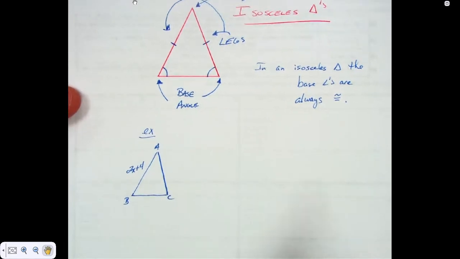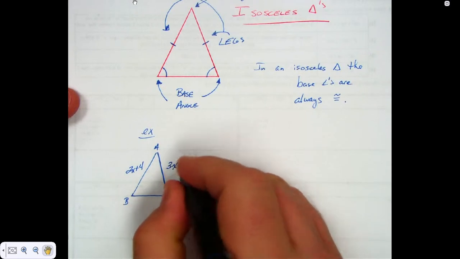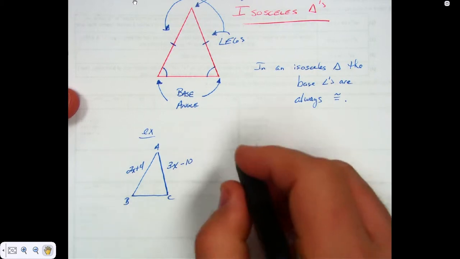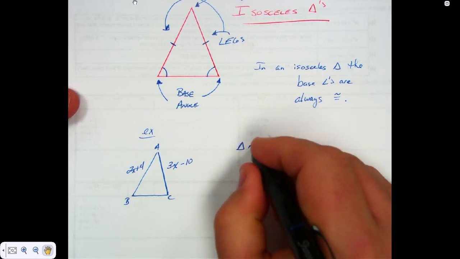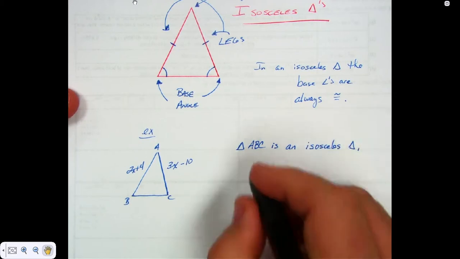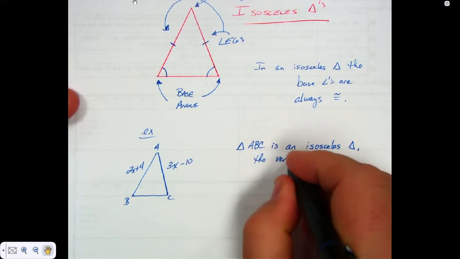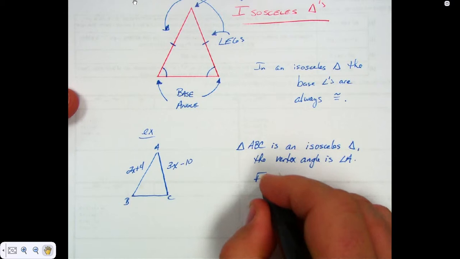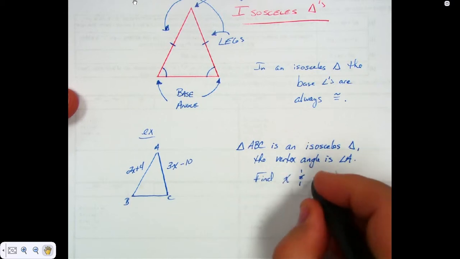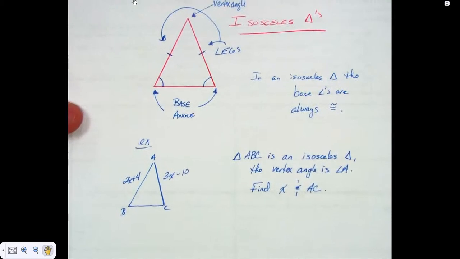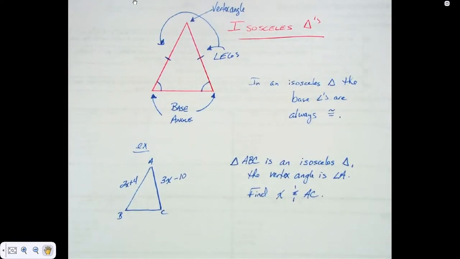We're going to do an example now. Write that down. It says triangle ABC is an isosceles triangle.